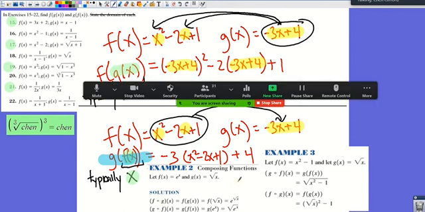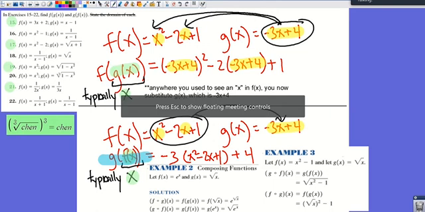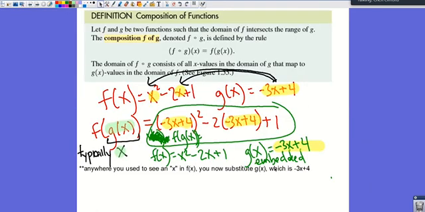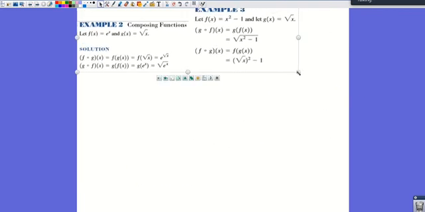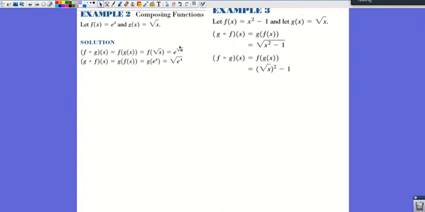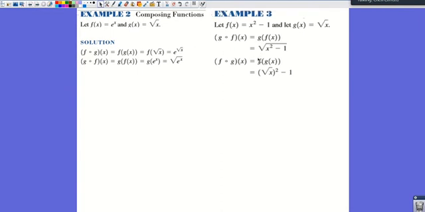Let me blow this up, copy that, paste it here, and make it bigger. So let's say that you don't know any of this, and the only thing that you know are the highlights here and here. Let's start with the first highlight.